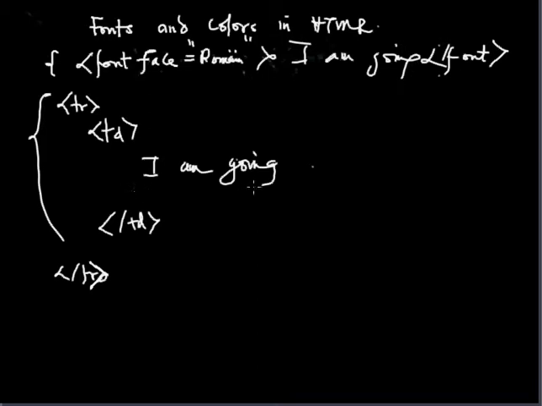The font type of this is going to be different from this because we've actually written that we want the type of font here to be a Roman times font.